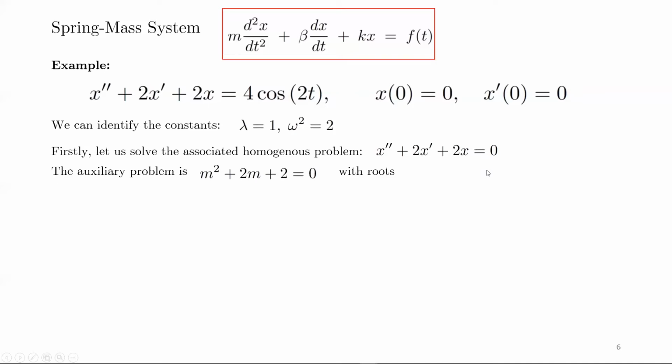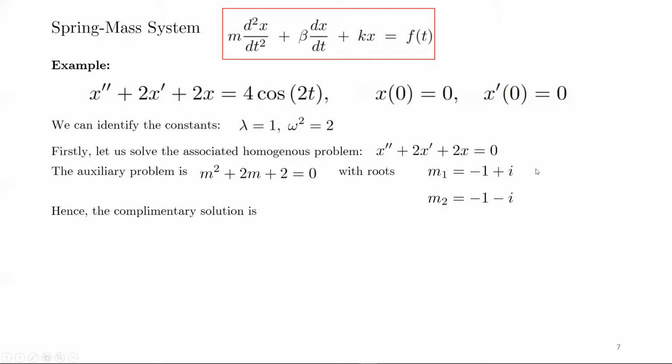Now if you solve this equation using the quadratic formula, you'll find that we have 2 complex conjugate roots. We get m1 equals negative 1 plus i, m2 equals negative 1 minus i. So we can identify the real part as being negative 1 and the imaginary part as being positive 1.